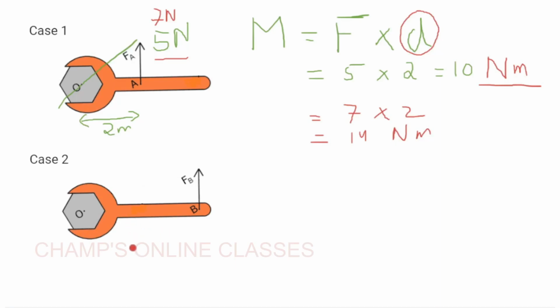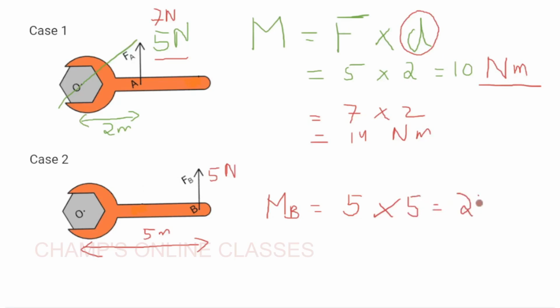So here in case 2, the force was 5 Newton, but I have increased the distance between my axis of rotation and force, that is now 5 meter. Now what will be my moment for this B? It will be 5 into 5, that is 25 Newton meter.